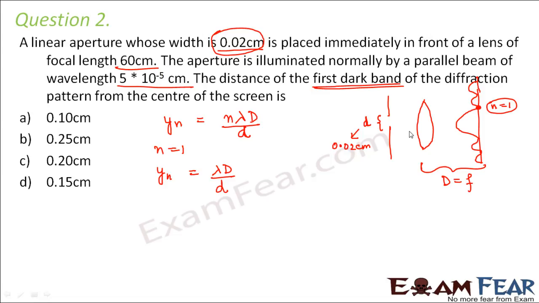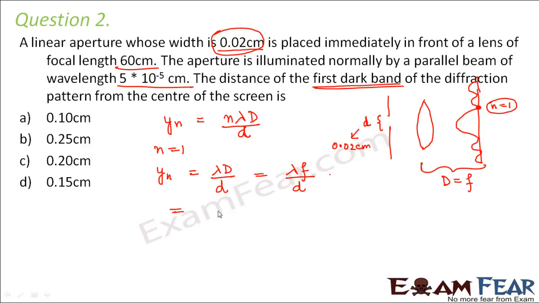Whenever a parallel beam of light passes through a lens, it converges to a point, and that point is the focus. So wherever the screen is located, that is the focus, because that is where the rays of light are getting focused. So this is the focal length, and also the distance of the screen from the lens. So we can write this as lambda f divided by d.